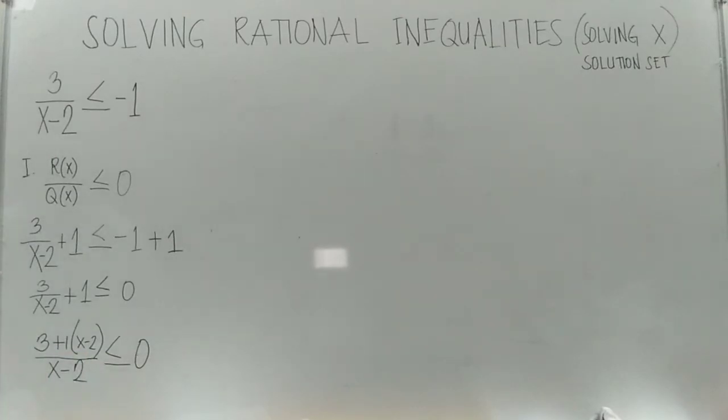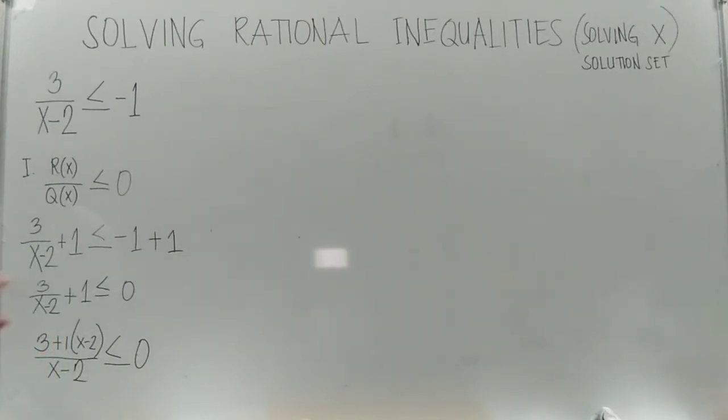So where did we get your x minus 2? If you want to simplify, let's cover your 3 in here. You have your 1 times the quantity of x minus 2 over x minus 2. Dividing 1 times the quantity of x minus 2 by x minus 2, you will come back at 1. Okay?